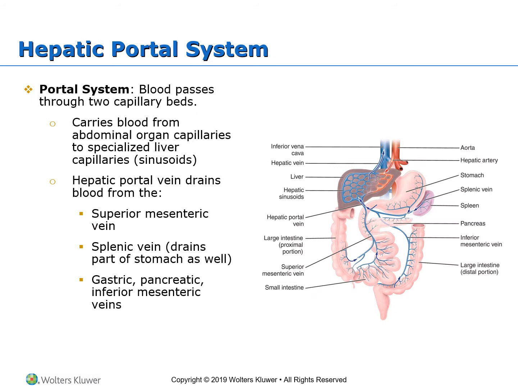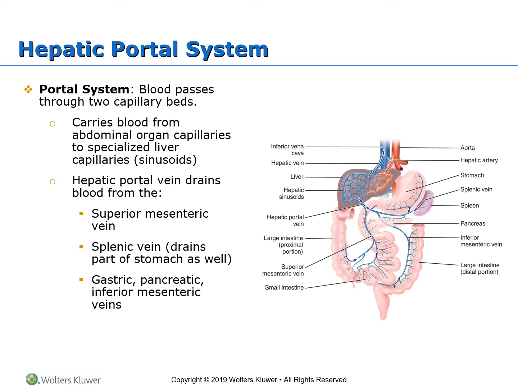We'll discuss now the hepatic portal system. If you remember, we had a portal system at the level of the pituitary gland, and this can be described in general terms as a system where the blood will pass through two different capillary beds before being returned into the venous system.